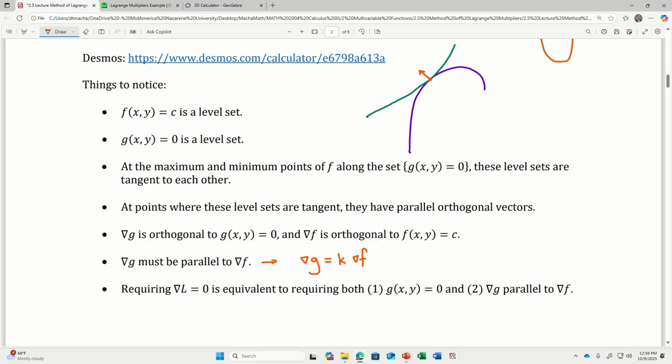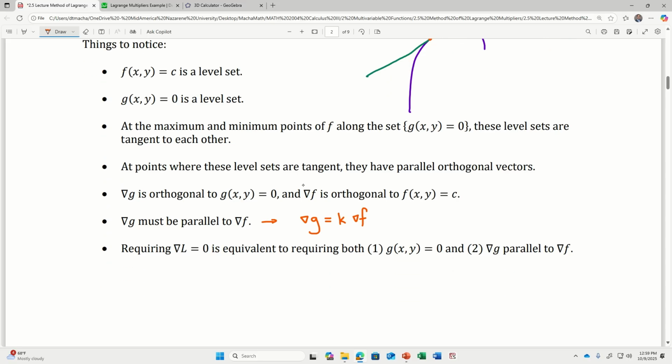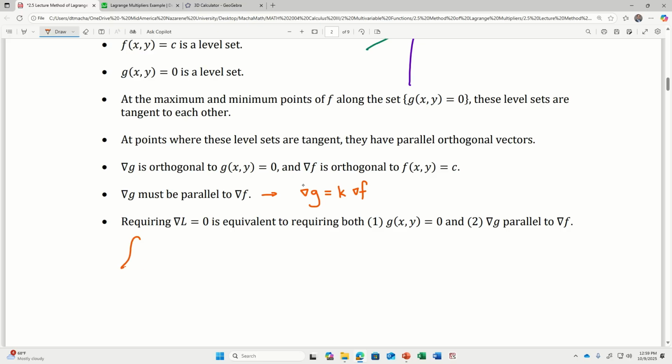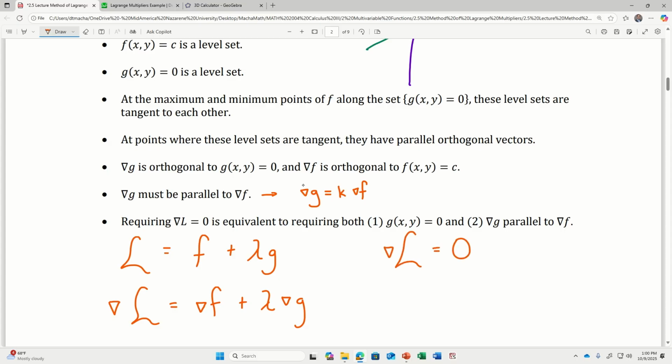And then lastly, we are going to define this Lagrange function as being f plus a scalar times g, and then I take the gradient of the Lagrange function and find the critical points of my Lagrange function. I'm setting the gradient of f plus lambda times the gradient of g equal to 0.